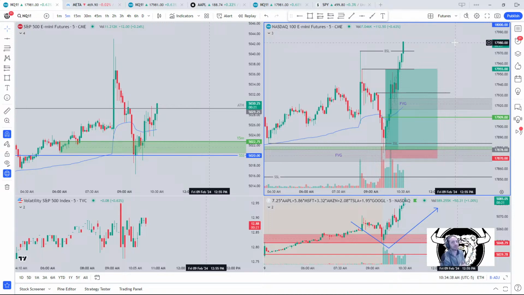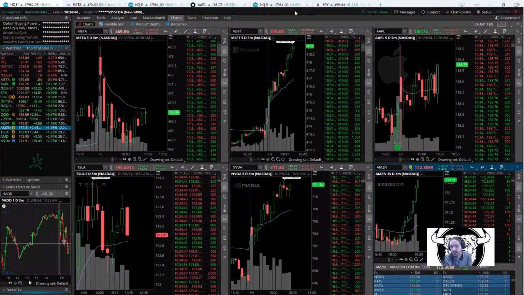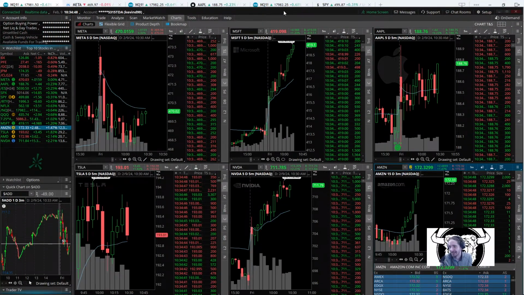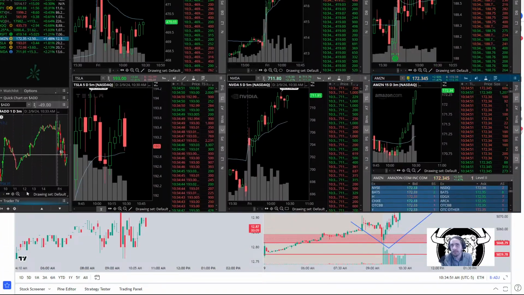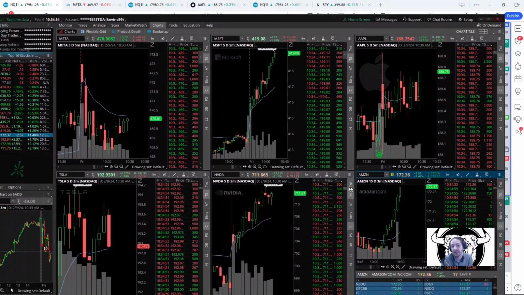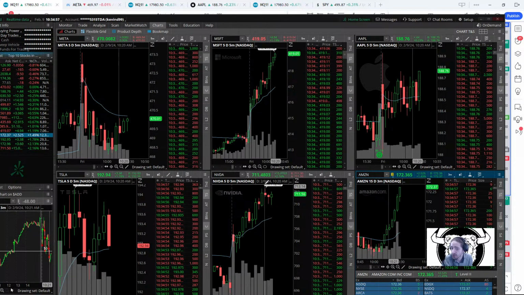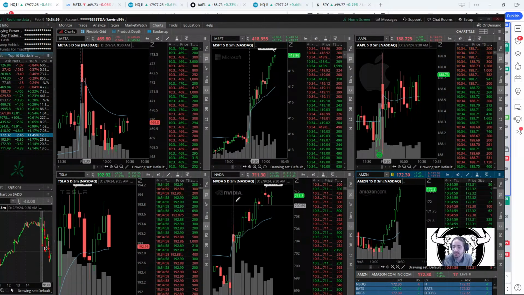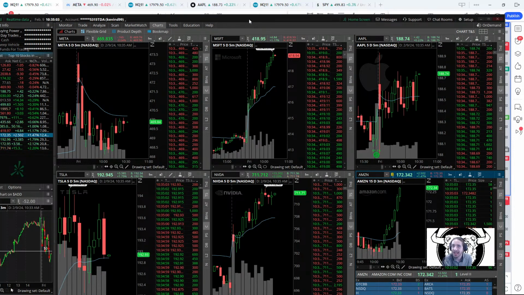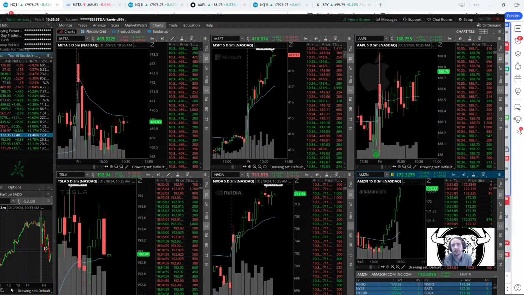What the actual heck, man? Again, I'm watching equities as an indicator to trading the NASDAQ, right? Microsoft's making a new high, Amazon's making a new high. I saw Nvidia was just at a new high, and it's making these higher lows and higher highs. Equities are bullish. I don't want to fight that trend.